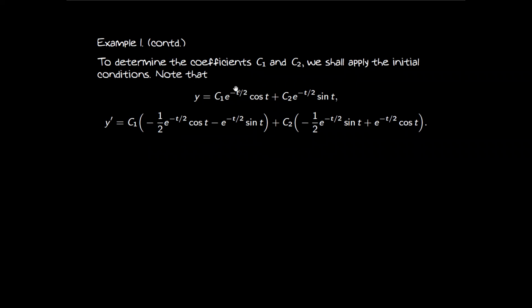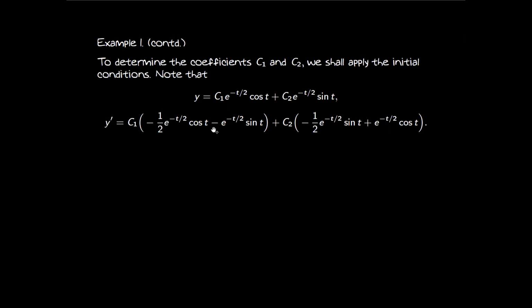Moreover, for the exponential factor, the exponent here is a function of t, so we have to use the chain rule, right? So the derivative of the exponential function is going to be itself, and then you take the derivative of the exponent, and you're going to get a negative 1/2. So you're going to get the negative half here and here.